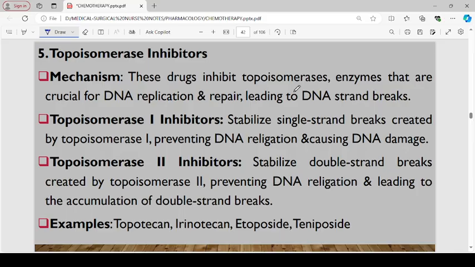What's the difference between the two? Topoisomerase 1 inhibitors normally stabilize single-strand breaks created by the topoisomerase 1 enzyme, and this prevents DNA religation and causes DNA damage. While topoisomerase 2 inhibitors stabilize double-strand breaks created by topoisomerase 2, and this prevents DNA religation and leads to accumulation of double-strand breaks.